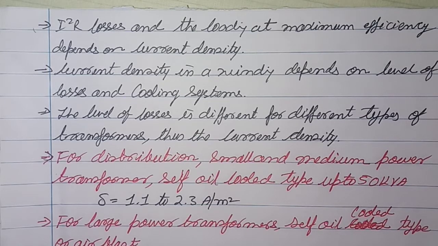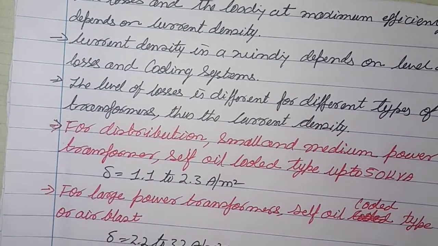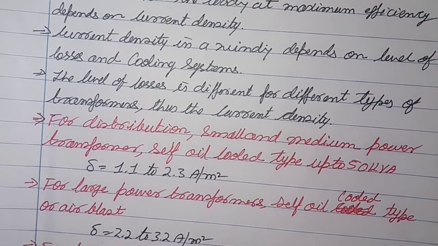Since the losses are different, and as we noted in the previous point that the current density depends on the losses, the current density for power and distribution transformers will also be different. Below we will see a few values, for different types of transformer, up to what level of current density we can use.